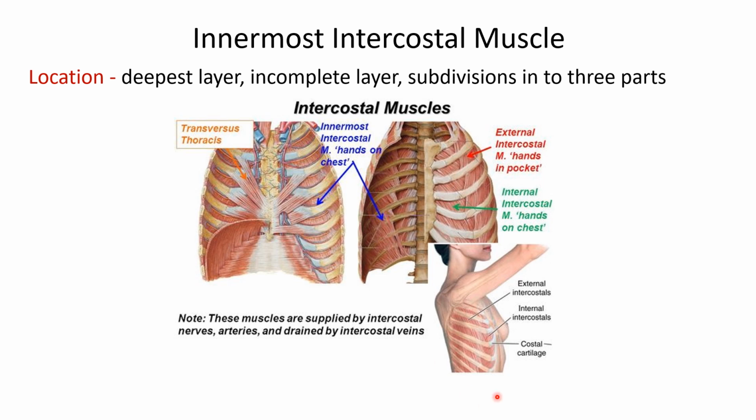Here, see, this is the lateral view of the thoracic wall, wherein you can see the external intercostal and the internal intercostal muscles and the costal cartilages. All these muscles are supplied by the intercostal nerves and arteries and are drained by the intercostal veins.